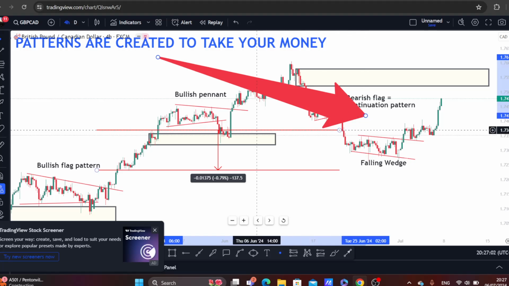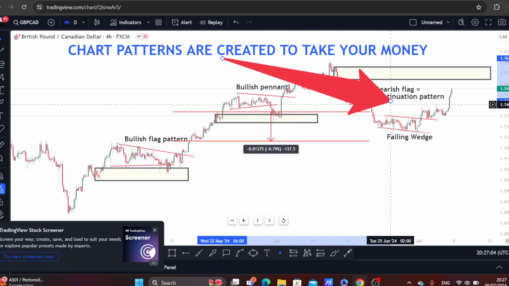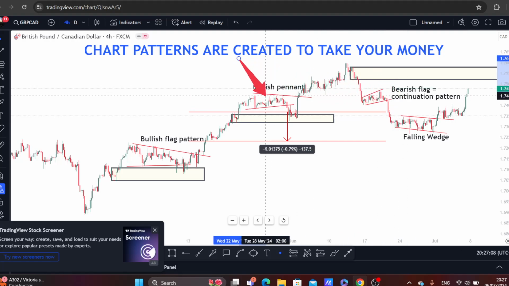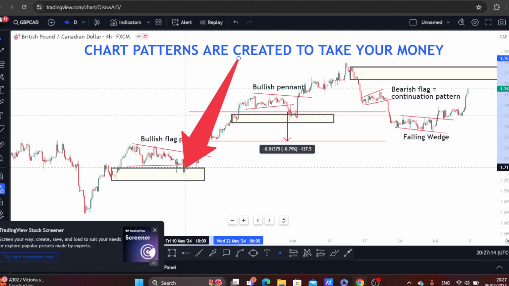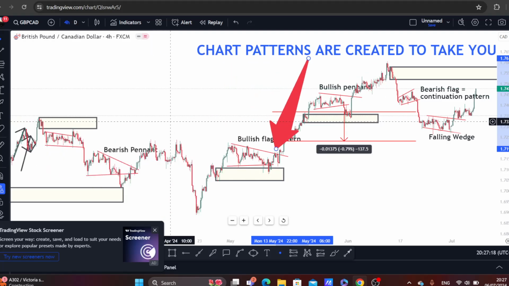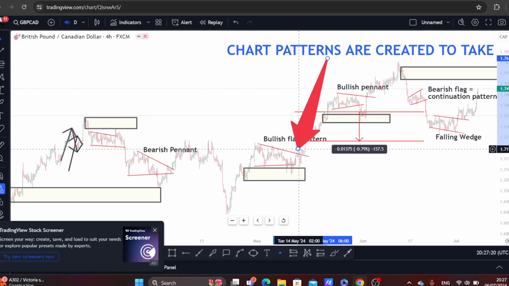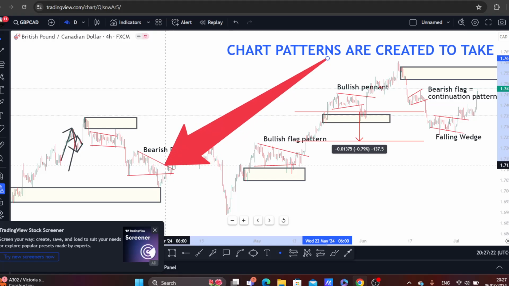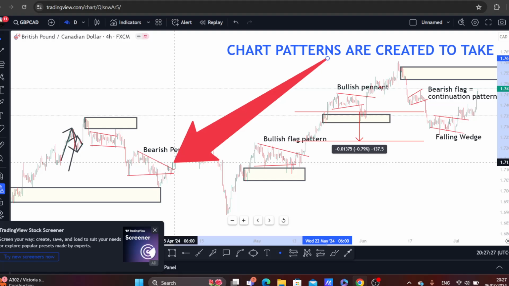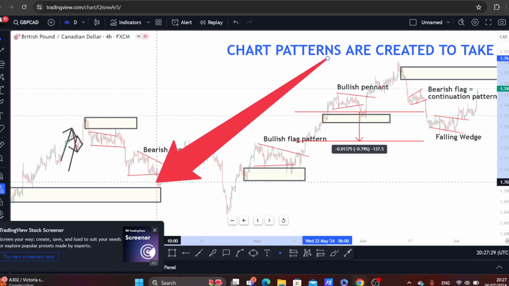Okay, so if you look at the previous ones that we've looked at, you will see that they came and hunted the stops. If you go short here, stops are above here, they came for it. If you went short here at the breakout, your stops are above here, they came for it. If you took this one, they broke out, your stops above here, they came for it and they got it.